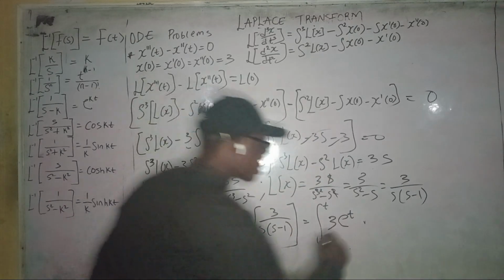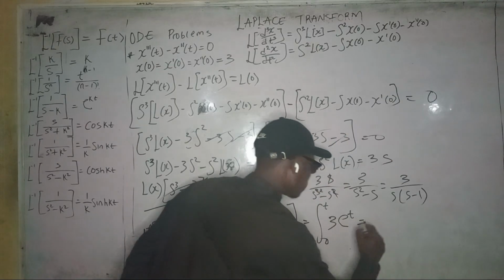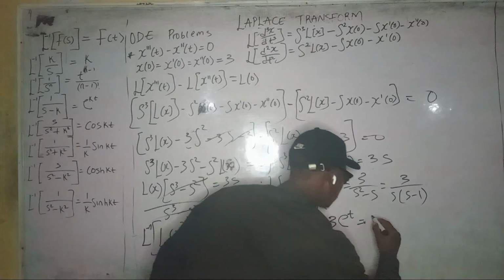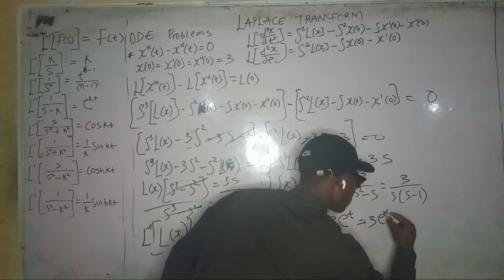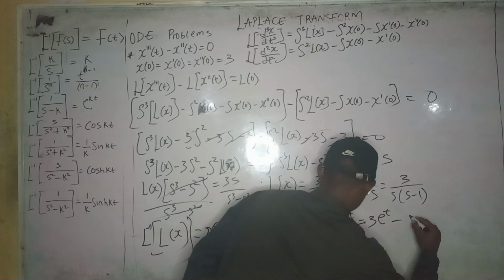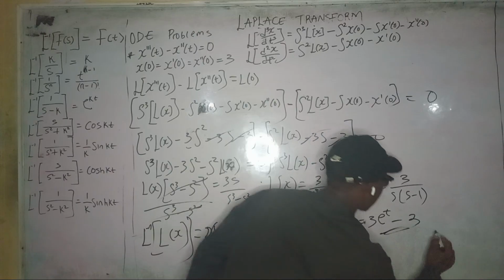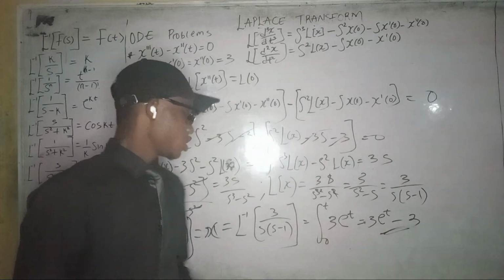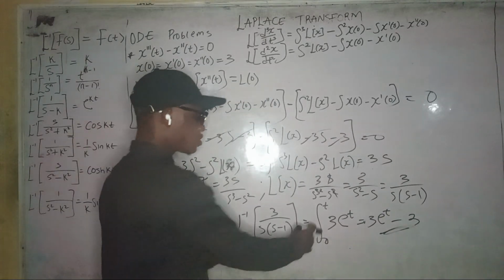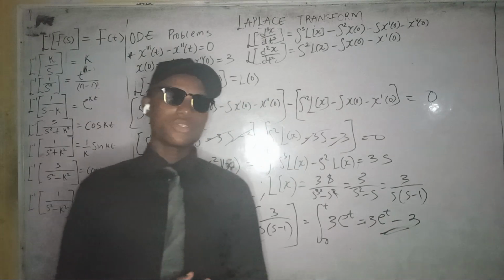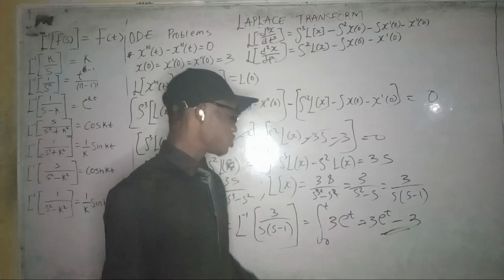The integration of this is still going to be e^t. So we are going to have 3e^t minus 3 as our final answer. If you are confused about this, you can check out my initial videos on inverse Laplace transform, so you can get this.